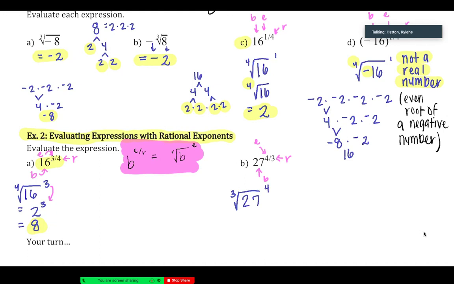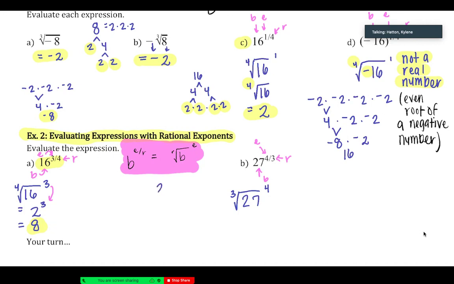What this is saying is that we have to figure out what the cubed root of 27 is, and then once we figure it out, we can raise that number to the 4th power. The cubed root of 27 means what number times itself 3 times equals 27. If you can't figure it out in your head, that's perfectly fine. You can always make a factor tree to help you.